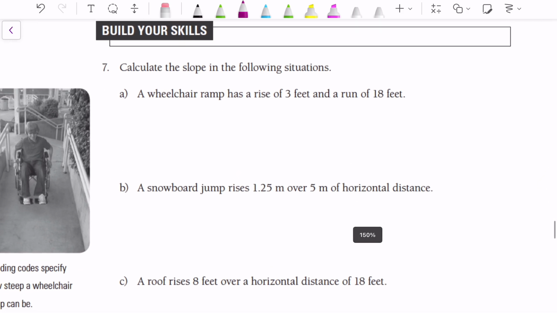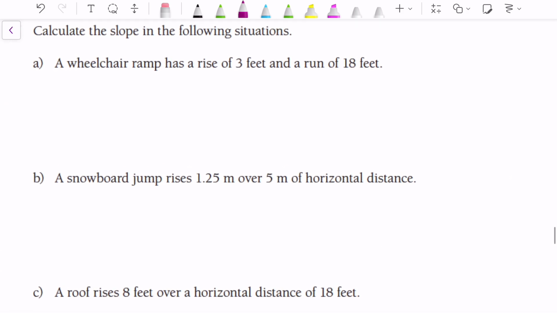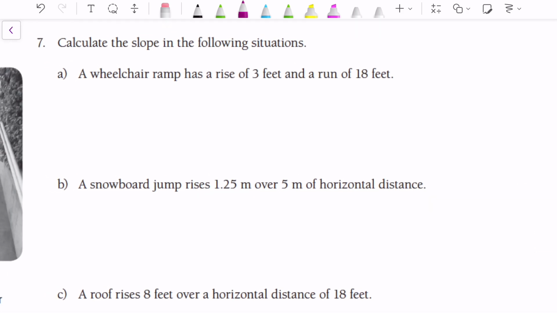All right. So let's go through some of these examples here. Number 7 says, calculate the slope in the following situations. We have a rise of 3 feet and a run of 18 feet for a wheelchair ramp. Remember, always starting with the formula is best practice.